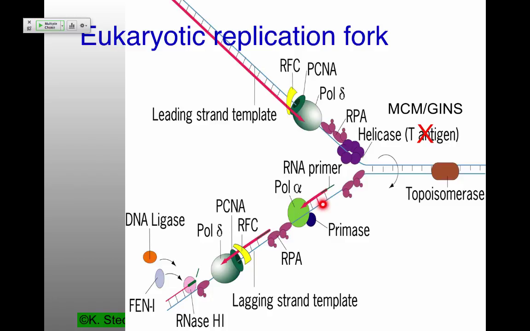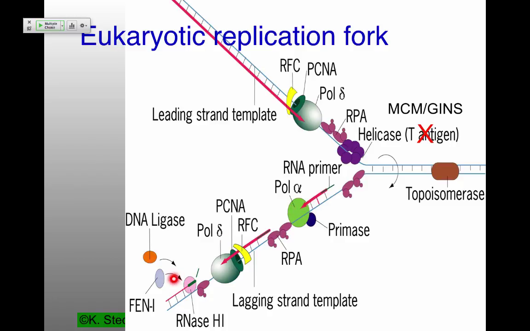So people always talk about the primase polymerase complex on the lagging strand, and it also starts on the leading strand when you do initiation. We'll talk about that in just a second. So the primase puts on a little bit of RNA, DNA Pol alpha extends that a little bit, and then that whole complex comes off, and then you have the replicative polymerase, which in eukaryotes is Pol delta and Pol epsilon. So that's one difference. We've got this Pol alpha here.